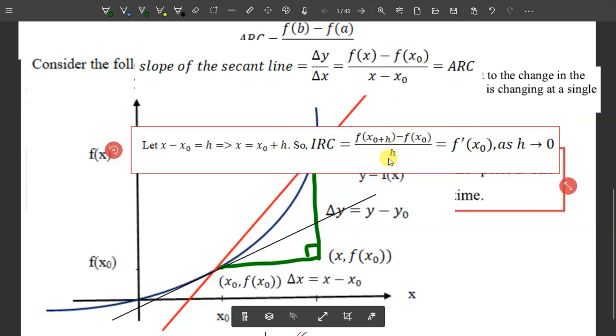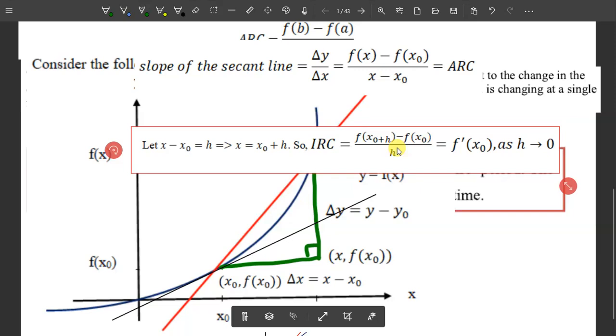And moreover, we say it is the instantaneous rate of change. The instantaneous rate of change is equal to the derivative of the function at a point, and moreover, it is equal to the slope of the tangent line. That is the whole concept of the definition of derivatives.